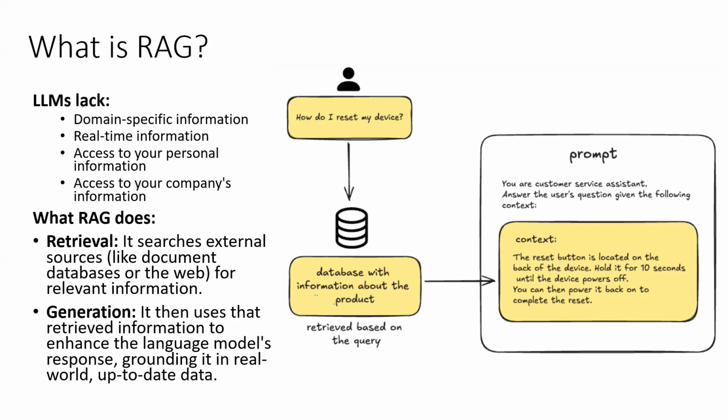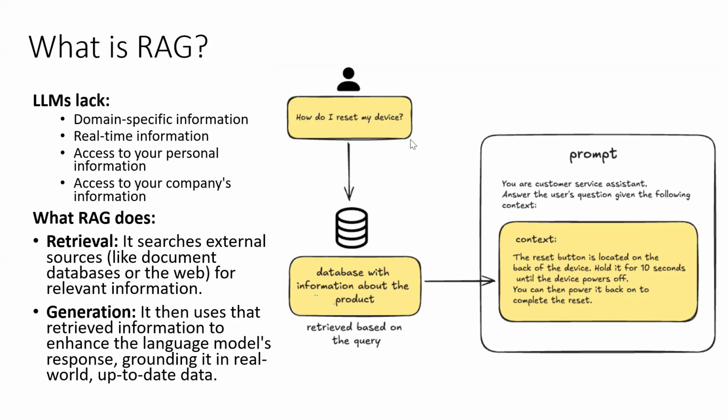And in order to overcome this problem, what we are going to do is we should be using RAG, which is Retrieval Augmented Generation. Okay. For example, it has two main parts. One is the retrieval and the second is the generation. For example, if you ask ChatGPT, how do I reset my device?